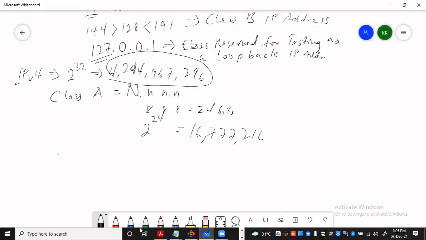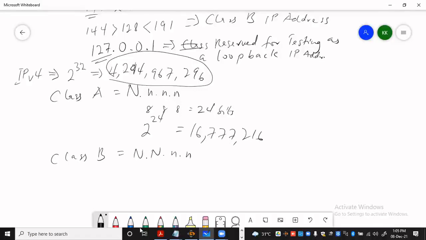When it comes to class B, 2 octets are used for the network, and only the 2 remaining octets are used for the node.